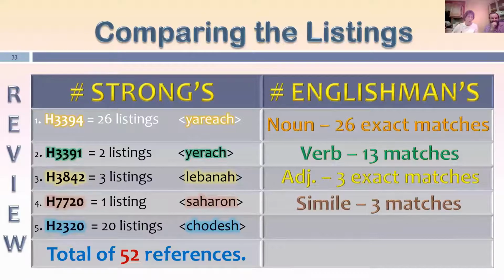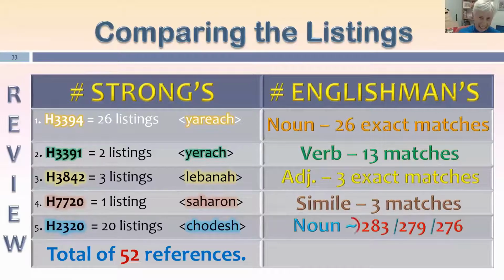Okay, everybody should know this one. 2320 in the Strongs, I put in moon or moons. I had 2320 come up 20 times for moon or moons. In my program, how many times did it come up in the Englishman's? 283. That's right. Now, everybody, you see this little squiggly dash here, this little curvy squiggly dash?